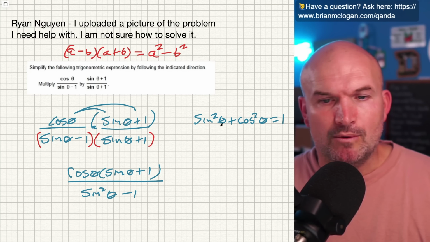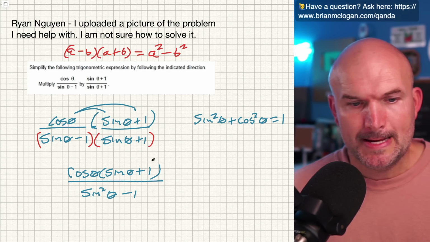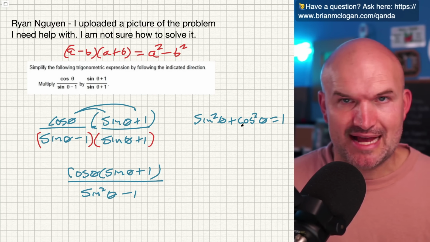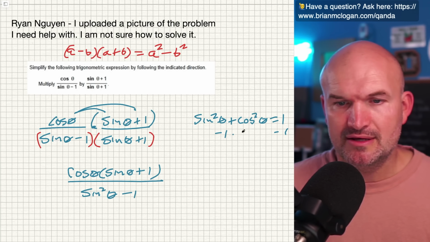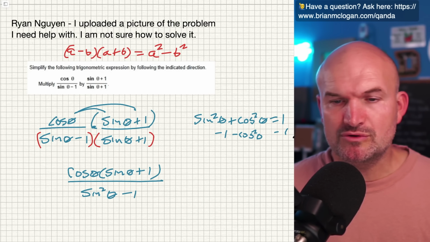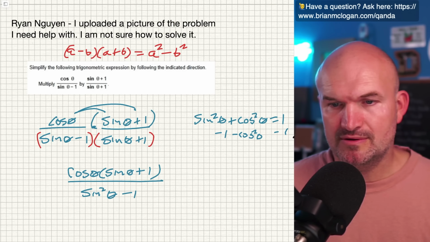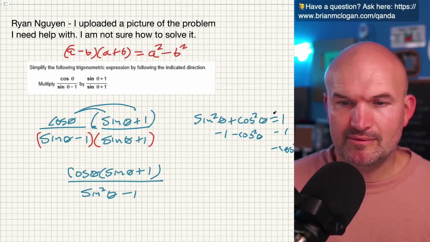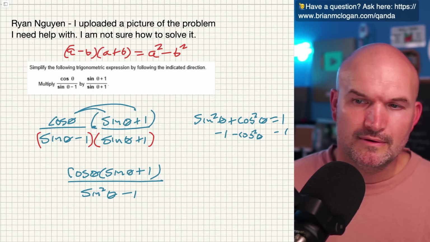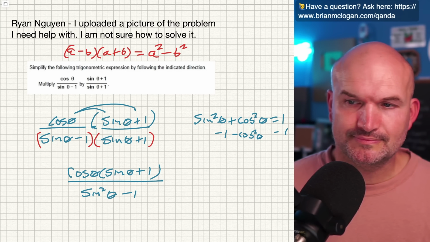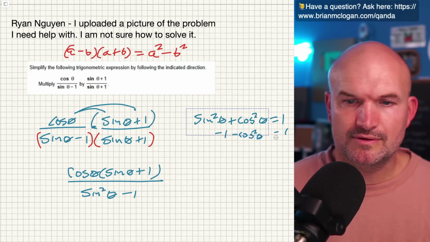Now, this is our Pythagorean identity. This is not the same as that. But what if I subtract a 1 on both sides and subtract a cosine squared of theta on both sides? Let's move this over.